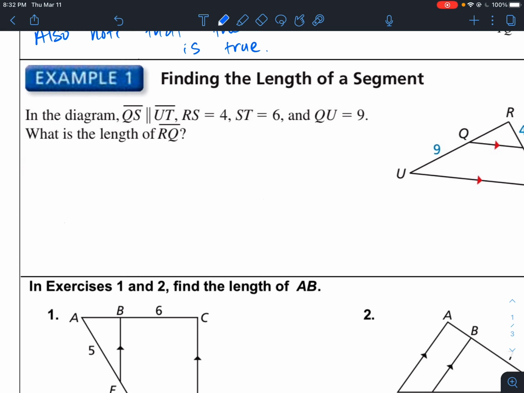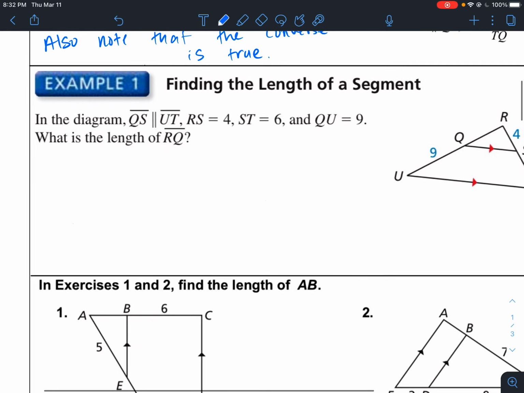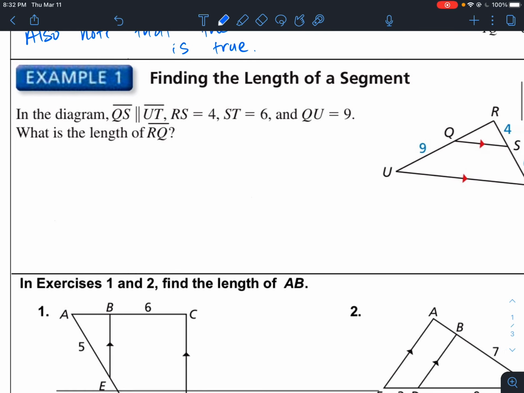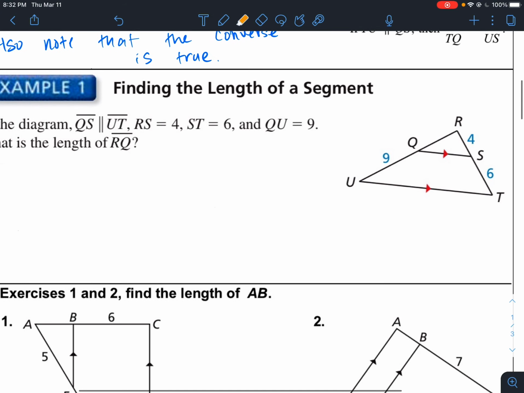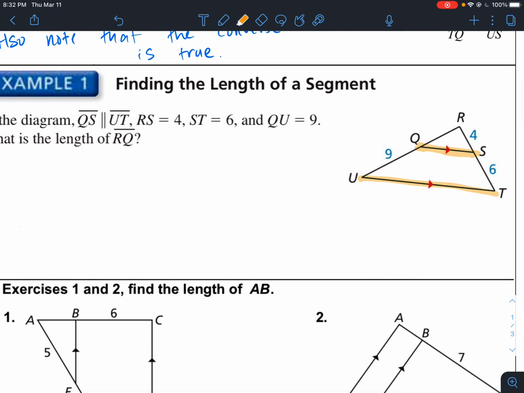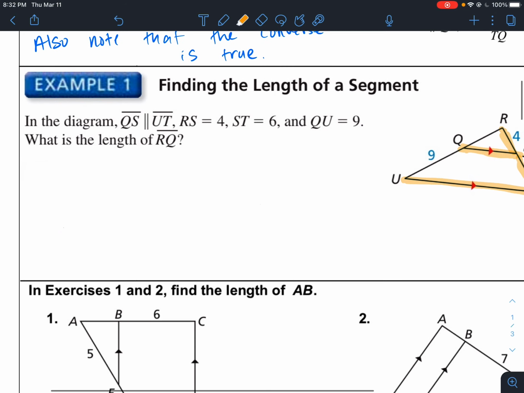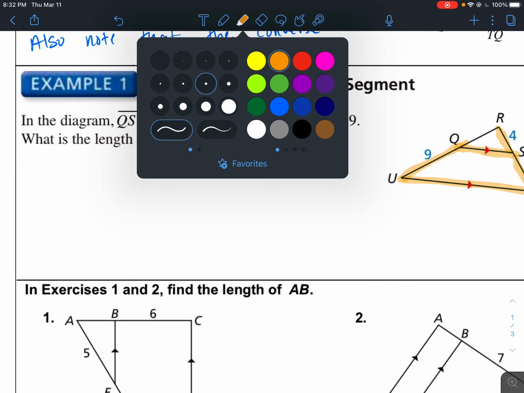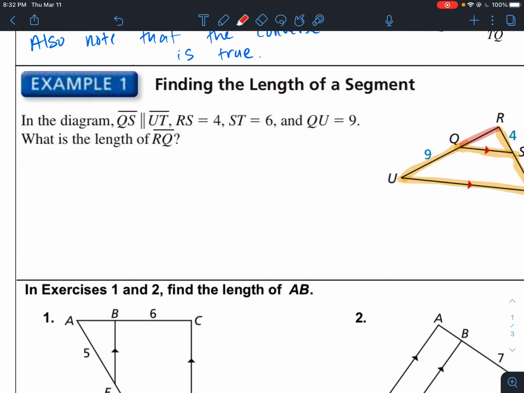Alright, so let's try it out in this example right here. In the diagram, QS and UT are parallel lines. We have RS, that is 4 units, ST, that is 6 units long, and QU, which is 9 units long. What is the length of QR?